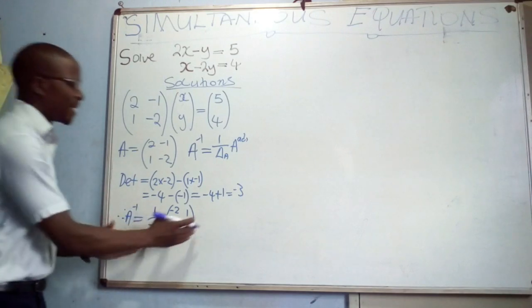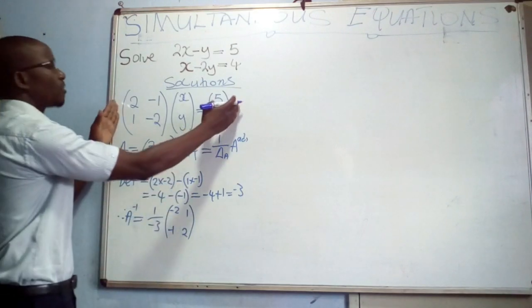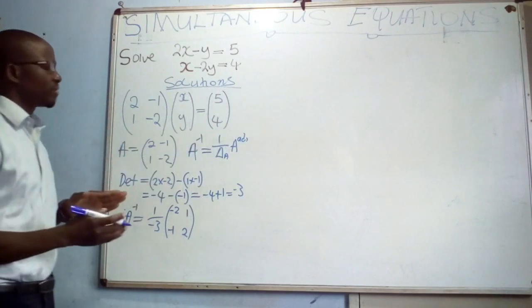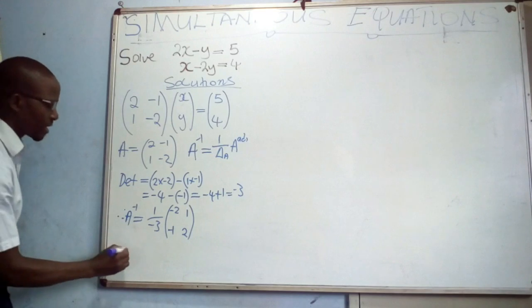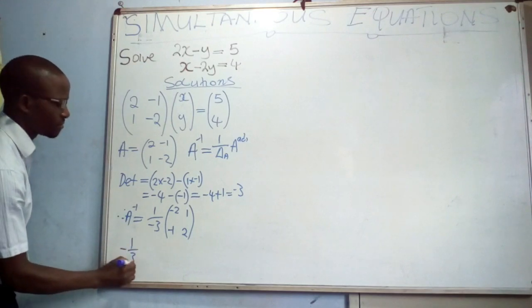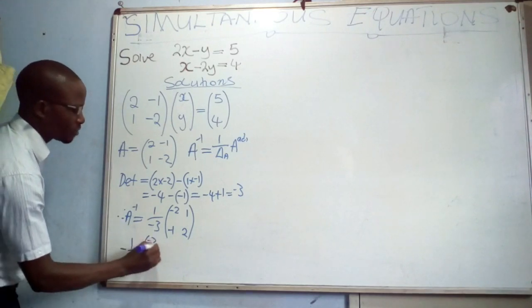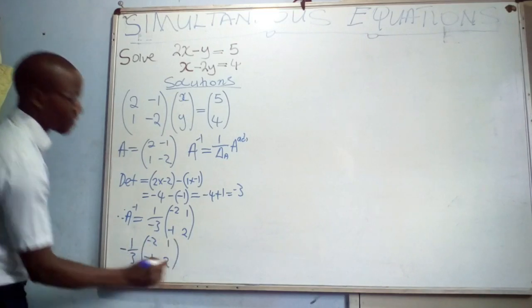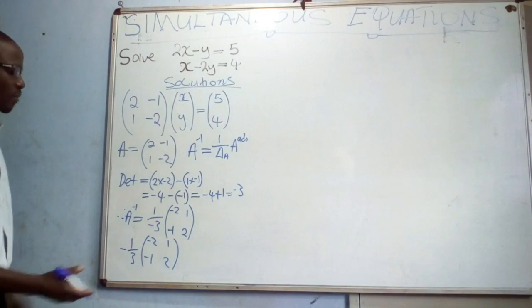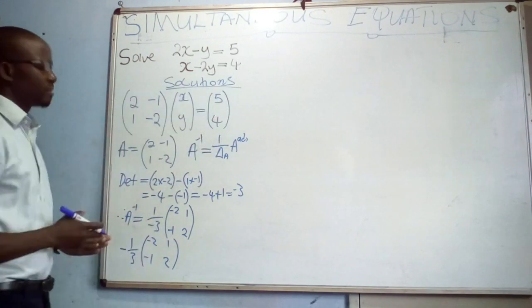From here, multiply both sides of this matrix equation by the A inverse. So we are saying -1 over 3, then -2, -1, then 1, 2. This is our inverse matrix. We have to multiply it to everything that is there.